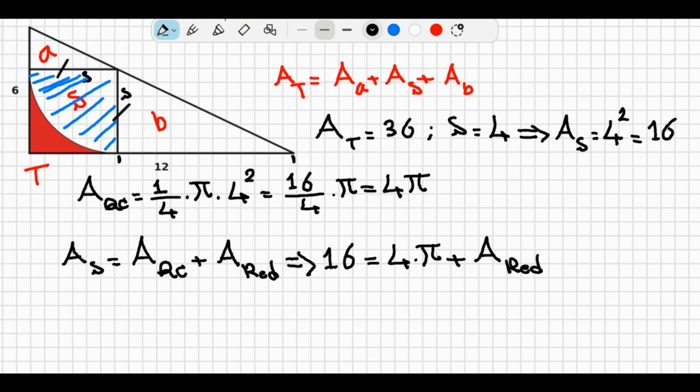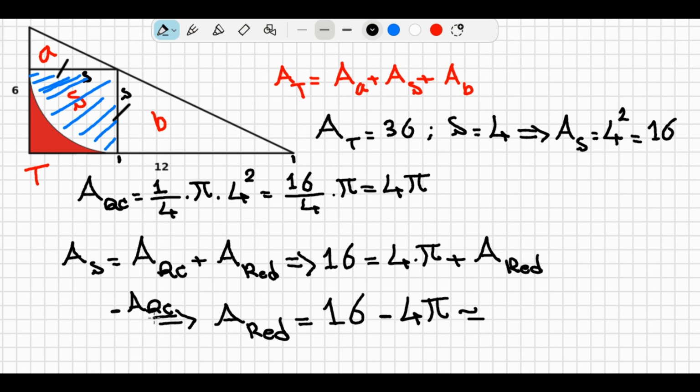So by subtracting the area of this quarter circle from both sides of this equation, the area of the red region equals 16 minus 4 pi.